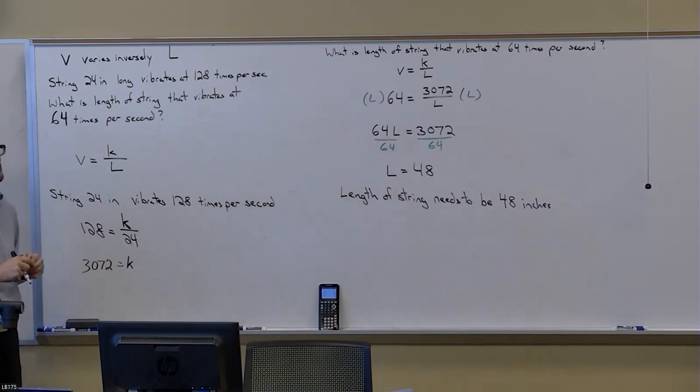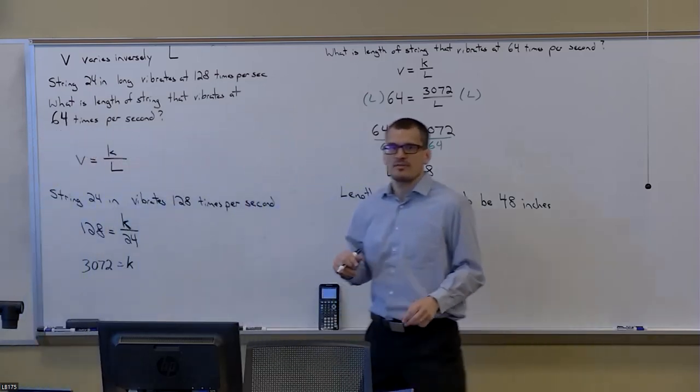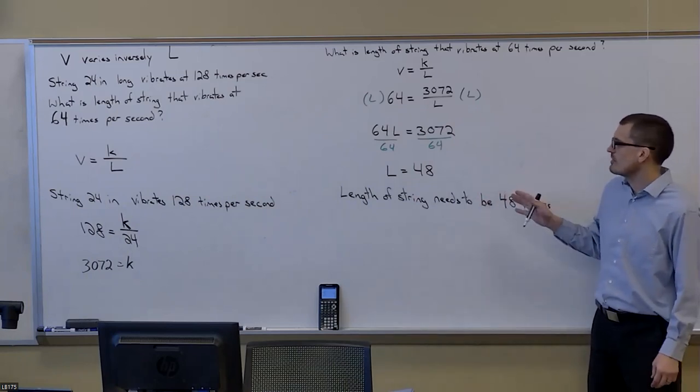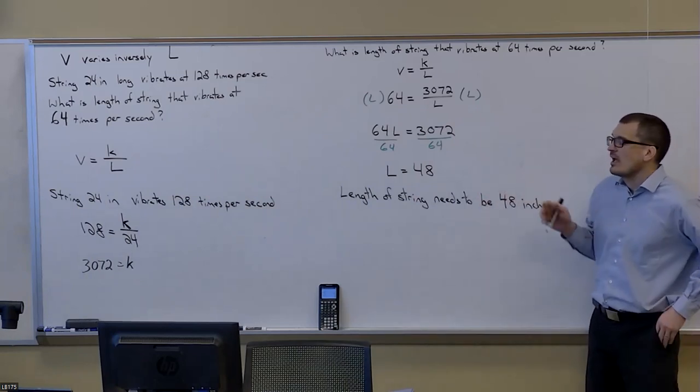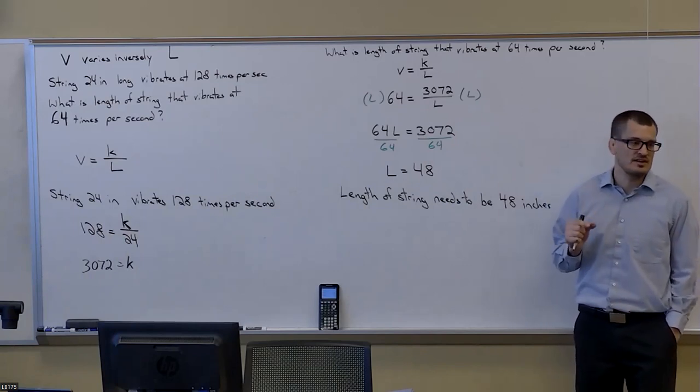So if you want to vibrate this thing slower, you need a longer string. That's what it's saying. By the way, this kind of motivates something. The idea of proportionality is a very, very common idea.